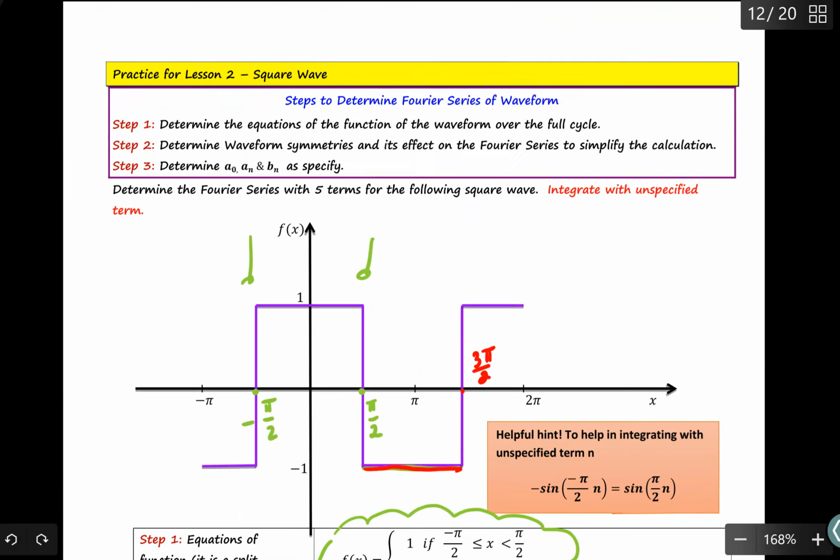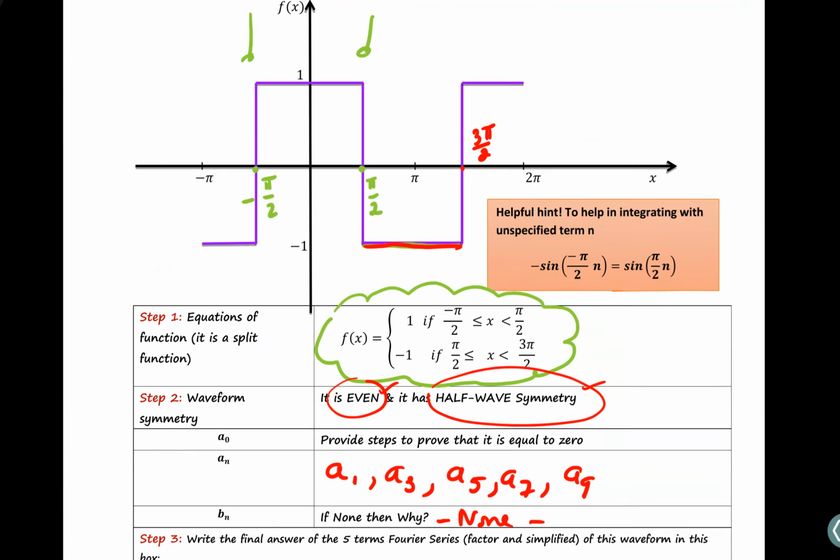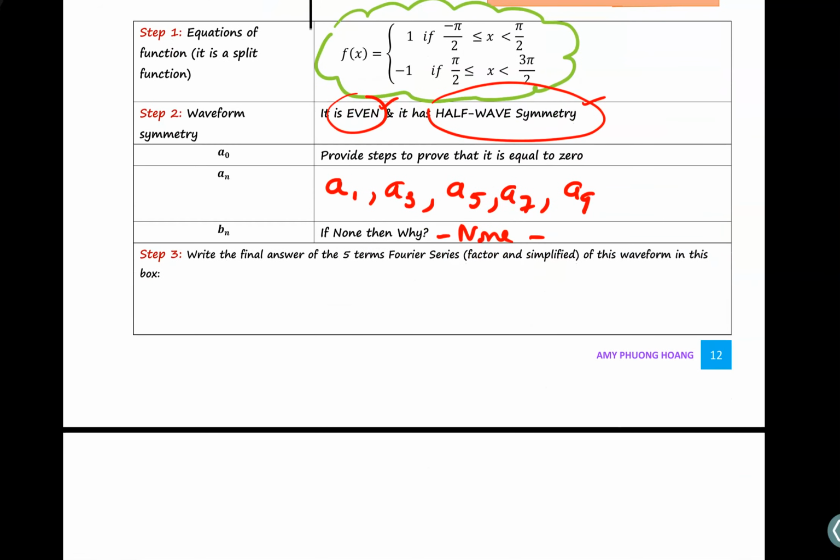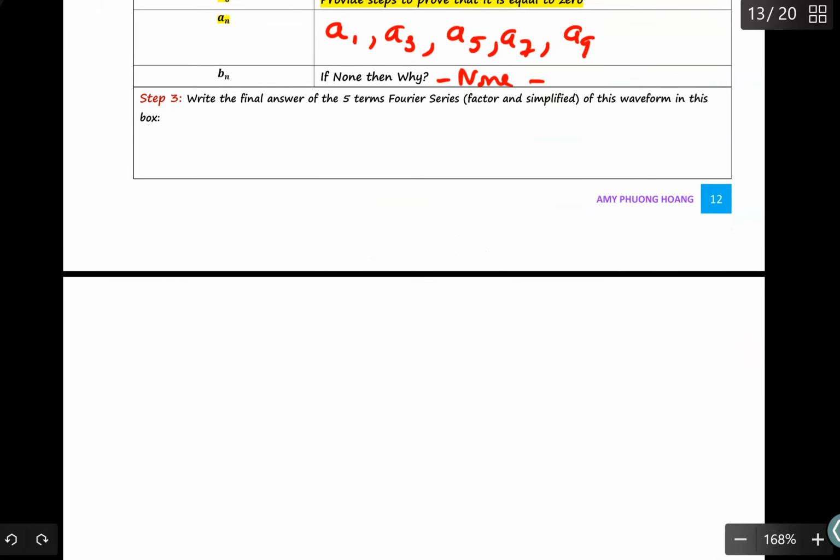But first of all, the question asked me to prove that A naught is equal to 0, so let's work with that first. Prove A naught equal to 0.